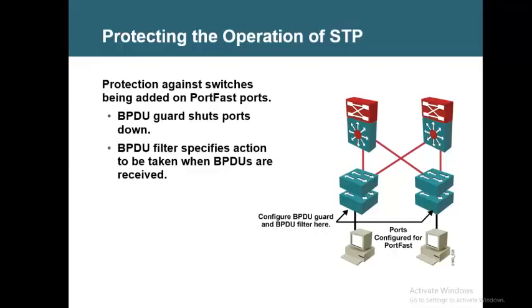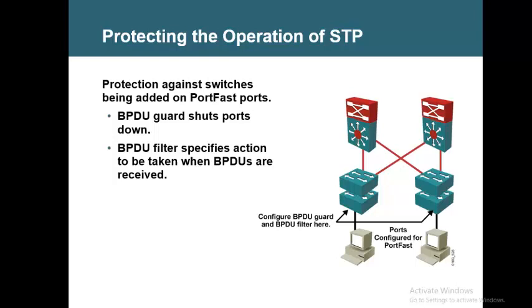You see here, there's a computer at the top, and there are two computers at the bottom. The ports that are connected to those computers, if they are not port fast configured, what happens is there will be a superior BPDU coming from the attacker, this computer.